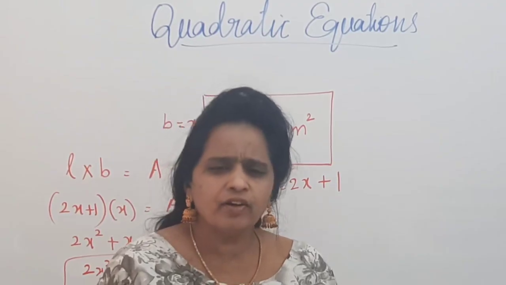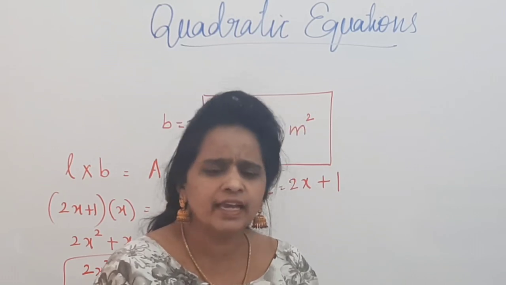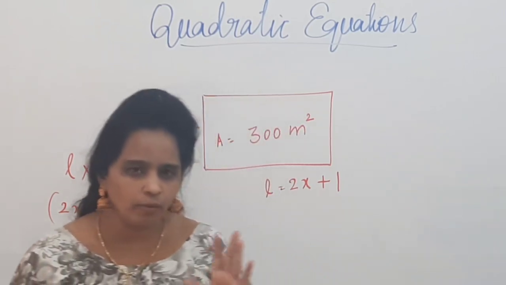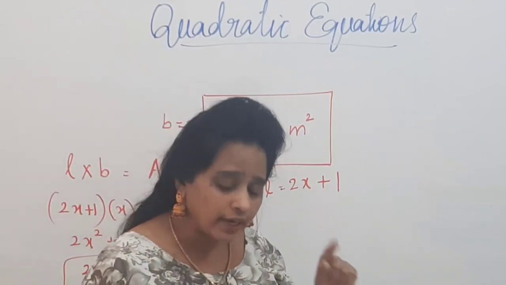I told you about the pair of linear equations. You know that the general form of a linear equation is ax plus by plus c is equal to 0. Now, what is the general form of the quadratic equation?